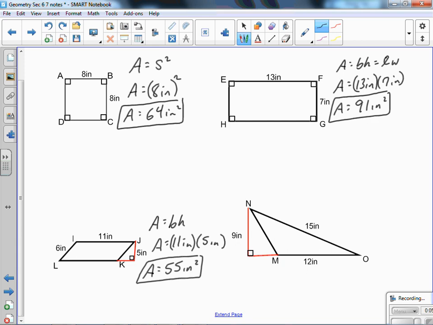And then the last one there, MNO, is a triangle. So using the formula, area equals 1/2 base times the height. So 1/2 of 12 inches being the base times the height, which is that perpendicular distance from that side to the opposite vertex, which is 9 inches.